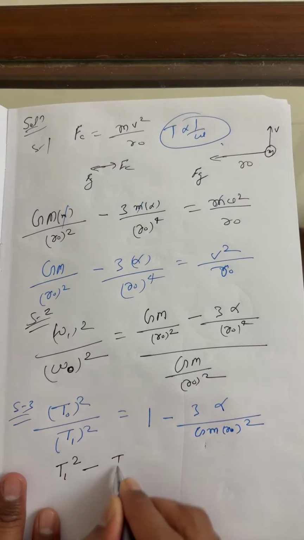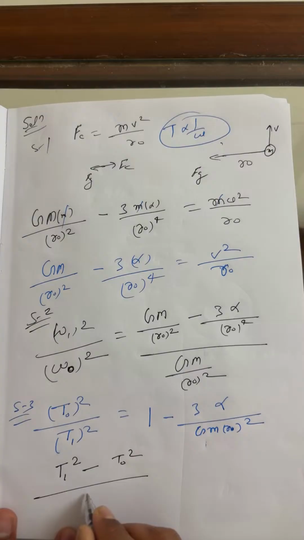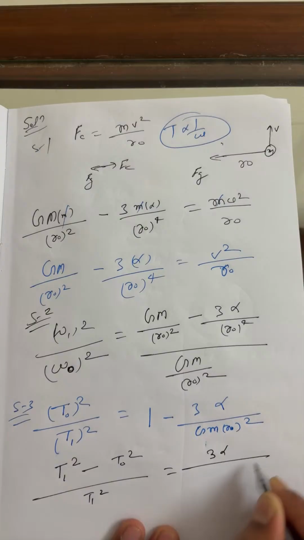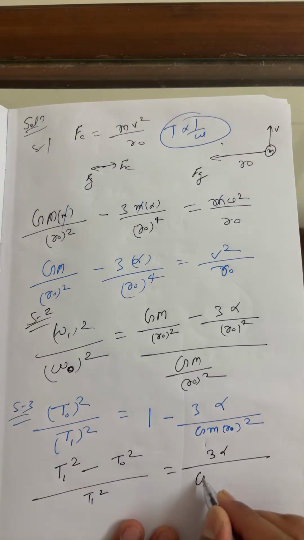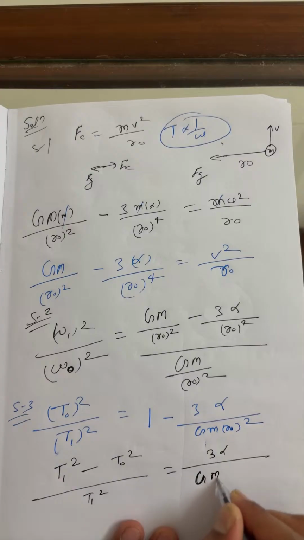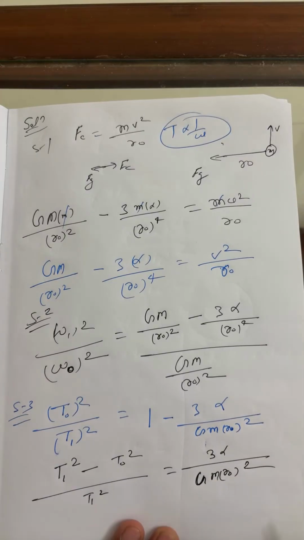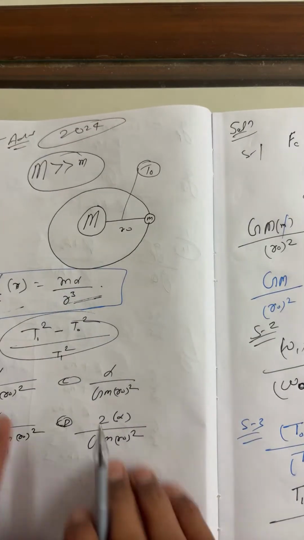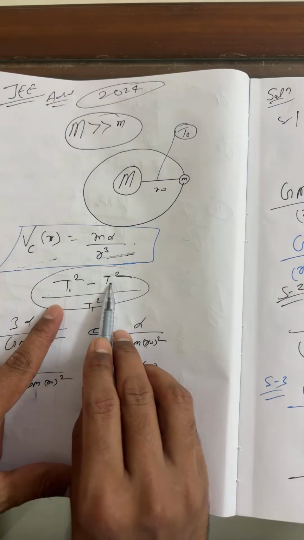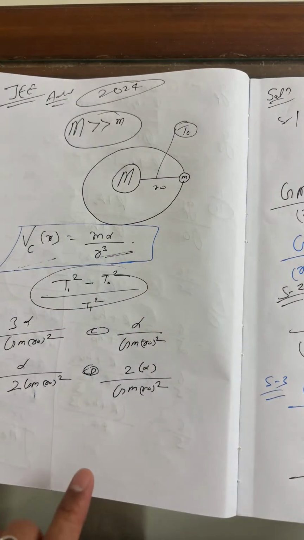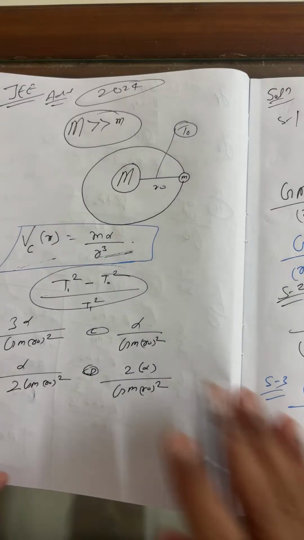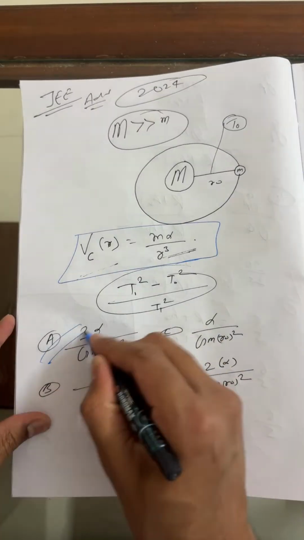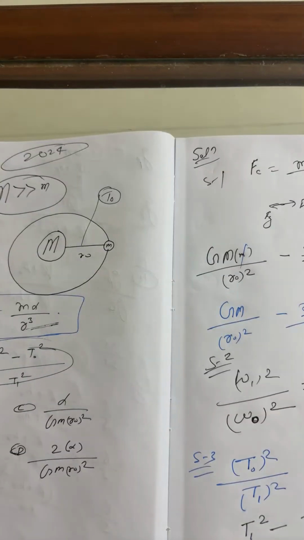So T1 square minus T naught square upon T1 square is equal to 3 alpha upon G M R naught whole square, right? We wish to find this one only. Yes, we have option first. So we got our final answer, option first.